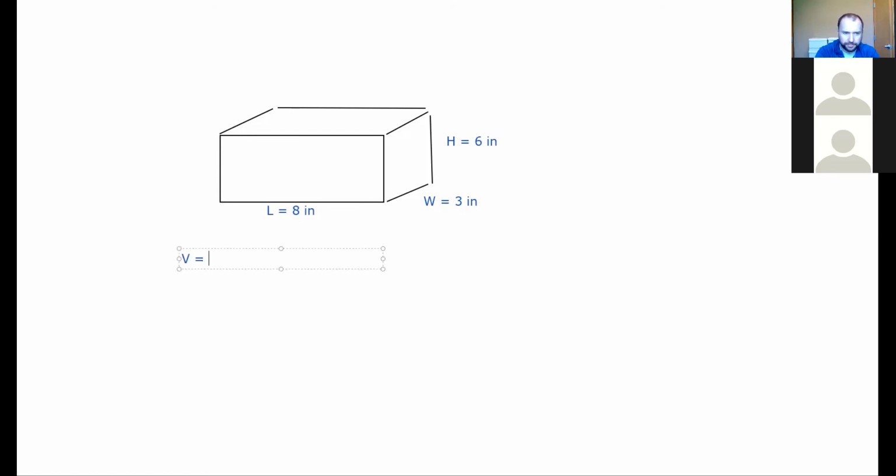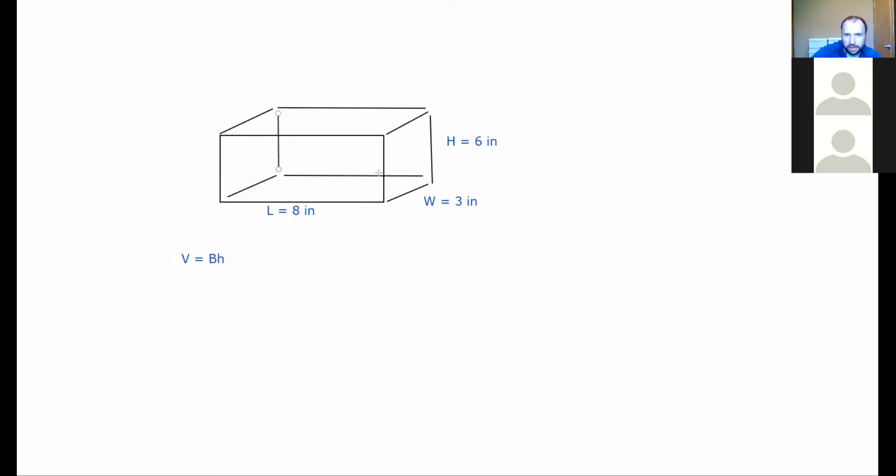And remember, big B is the area of the base. And so just to show you what that is, if I was to draw this in all the way, right? Bear with me, my lines aren't straight, I know, but I'm just kind of winging it, right?